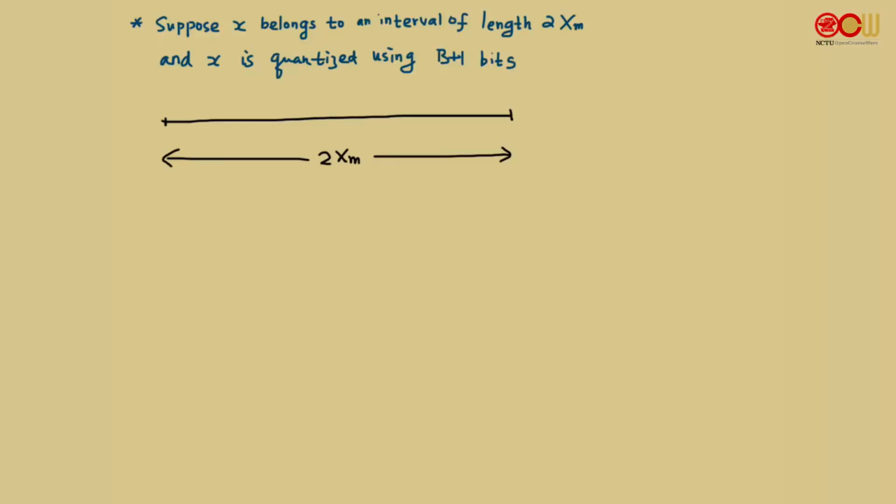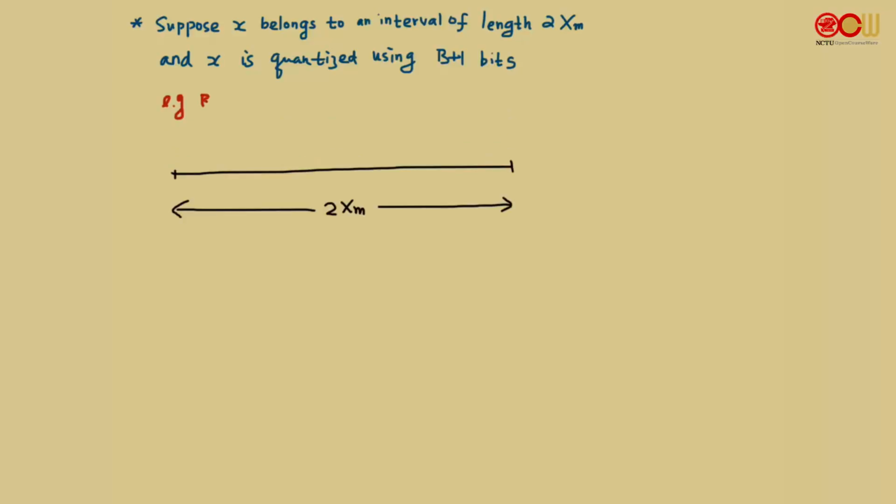And x is quantized using b plus 1 bits. The quantizer is a b plus 1 bit quantizer in the A to D. This is a more general case than the example that we showed in the previous slide of a 2-bit quantizer.